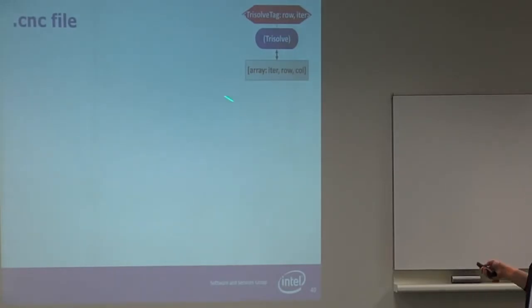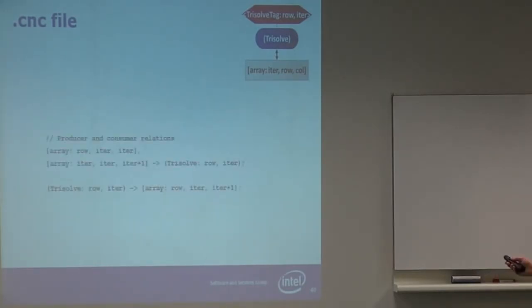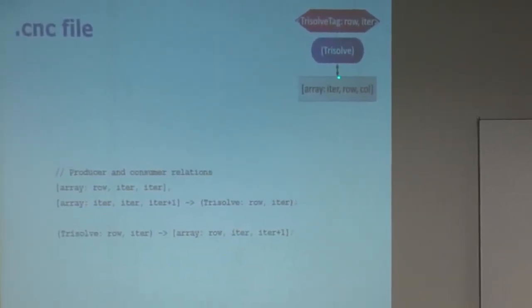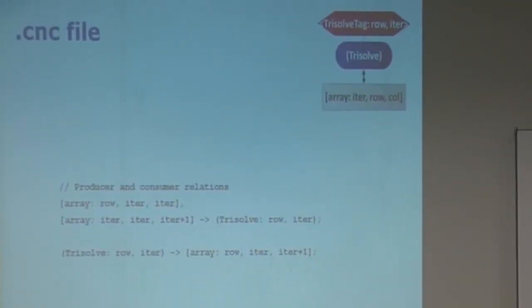If we take a look at this little piece of the subgraph for the Cholesky thing, the producer-consumer relationship here is represented by an arrow. So since this is square brackets that has an arrow into these parens, this is a consumer relationship.